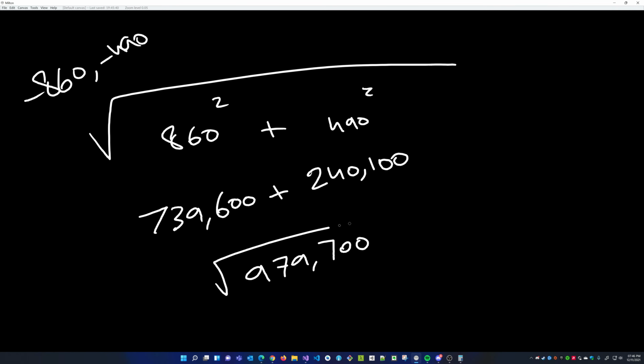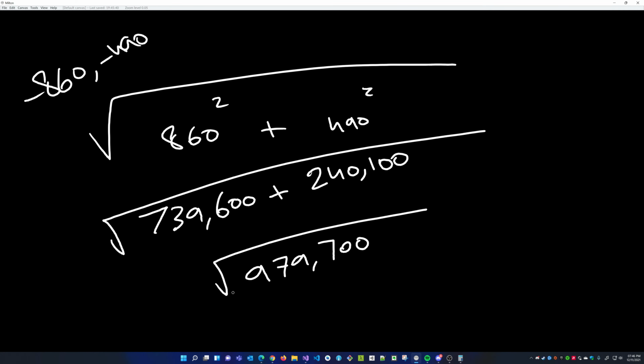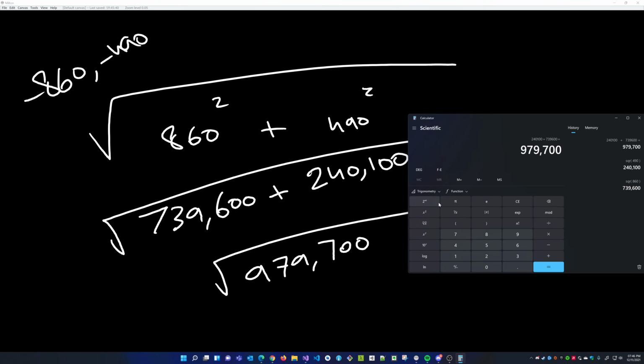And now we would like to get our square root. So the square root of that. What the hell, where do you get the square root? I think this is the icon, is it? Yeah, it should be, right? Yeah, it's 989.